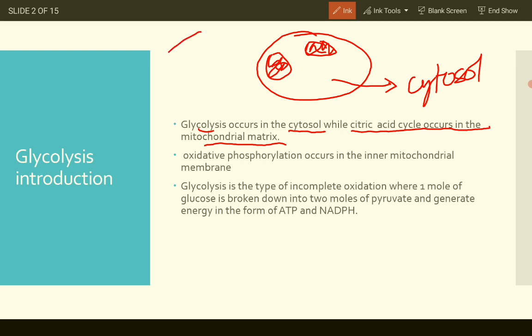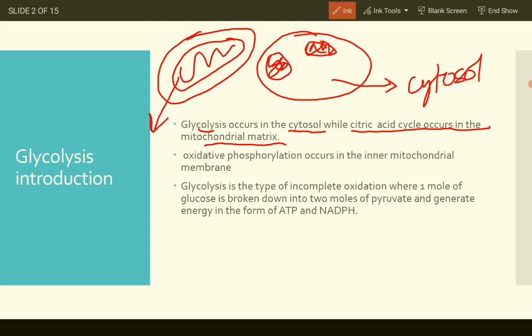Mitochondria has a two-membrane structure. Within the matrix, the central area, the citric acid cycle occurs. Oxidative phosphorylation occurs in the inner mitochondrial membrane, which is here.